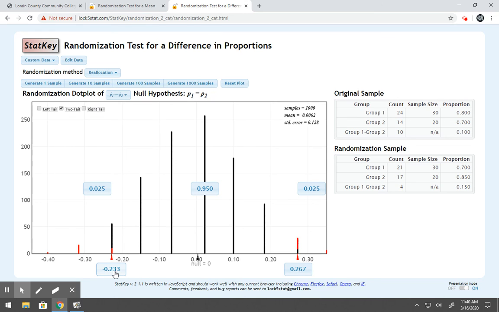And right away, I see a sample statistic of 233, another one of 267, and I see a 0.025. Remember that the p-value is not 0.025, it's 0.025 times 2 to give us both sides because it's a two-tailed test. So it really is what we see, but it's on two different sides.